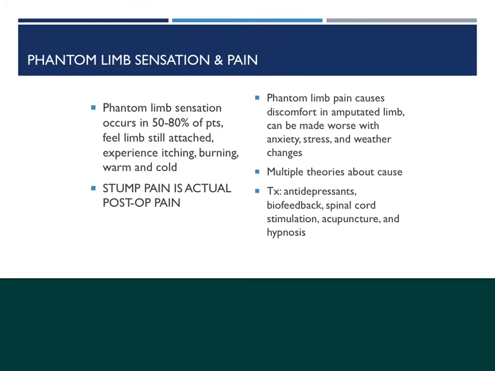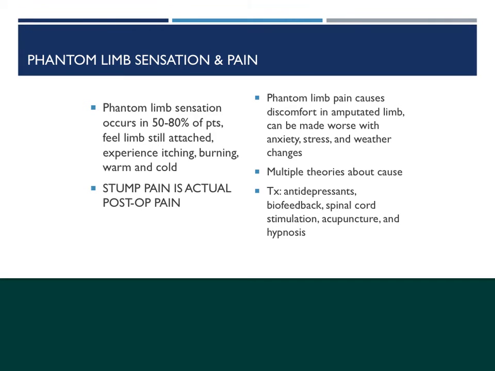Then they most often experience actual stump pain, from where the limb has actually been severed. This is the pain that we definitely need to treat. And then sometimes in the amputated limb, there's what we call phantom limb pain. It's different than sensation, than actually feeling like the finger or toe or arm or leg is still attached.